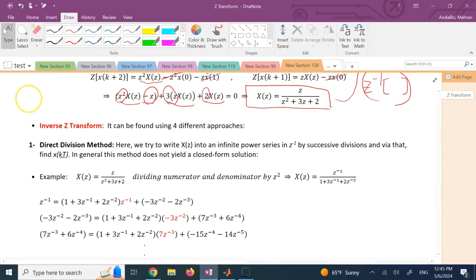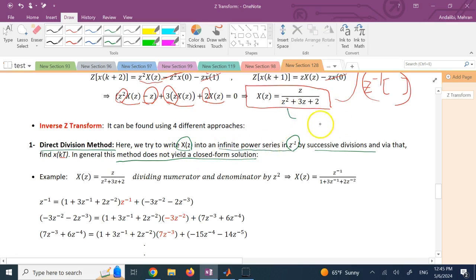Well, there are 4 different ways that you can do it. The first one is called the direct division method, which is not going to give you a closed form solution, but it can give you as many terms as you want if you keep doing successive divisions. How would you do that? Well, what you need to do is to write that x of z as an infinite power series in terms of z to the minus 1.